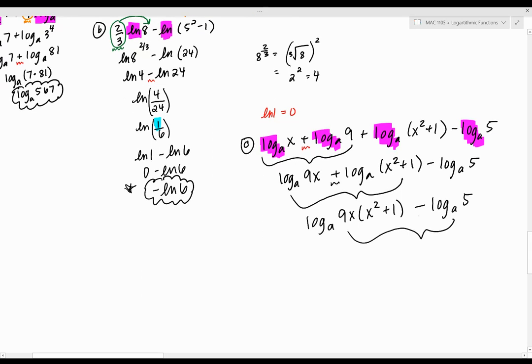And I see that between those, I see subtraction. So we condense subtraction by division. So I have log base A, 9x times x squared plus 1, divided by 5. That's going to be my answer. Awesome.